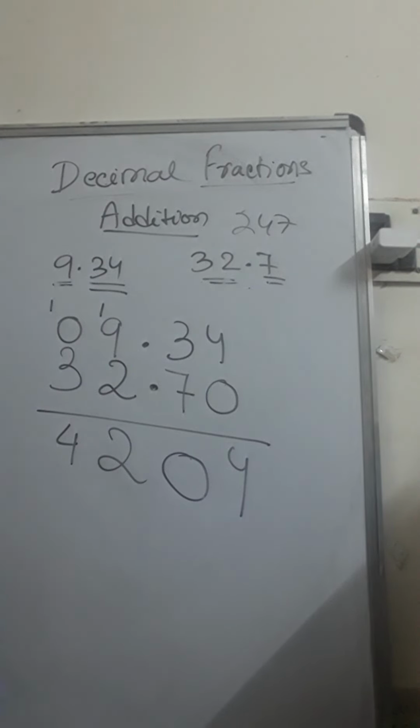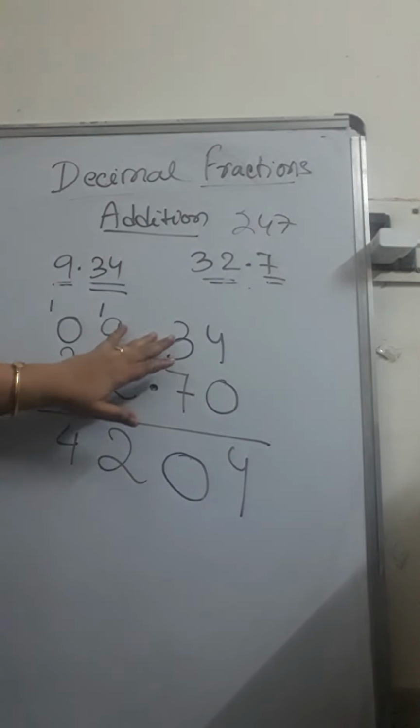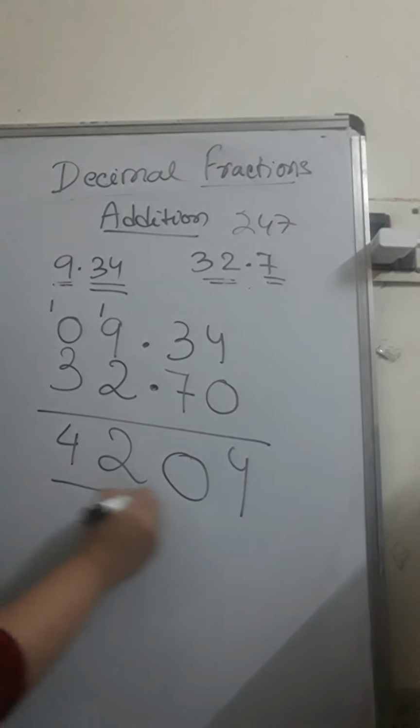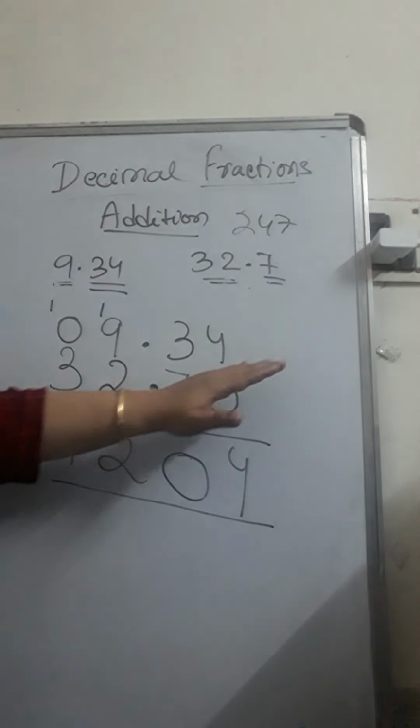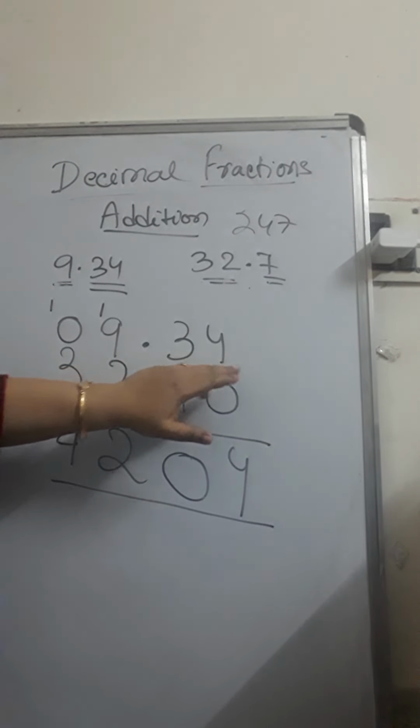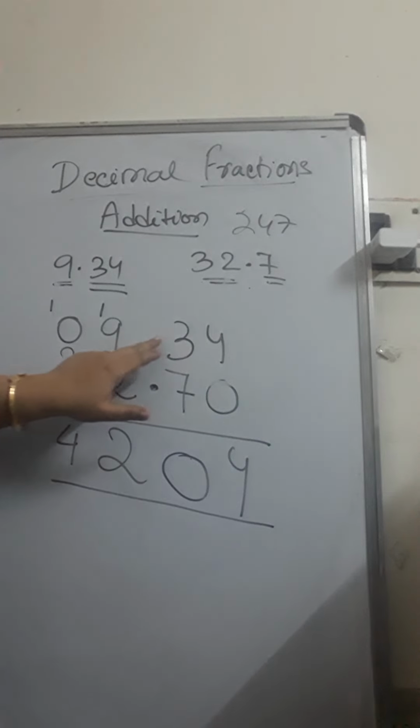Now, since the question was having a point, we added two decimal numbers. The answer also should be a decimal number. There is a rule for how to place the point. Now you have to check from the end. If you check from the end, you can see that before 2 digits there is a point.